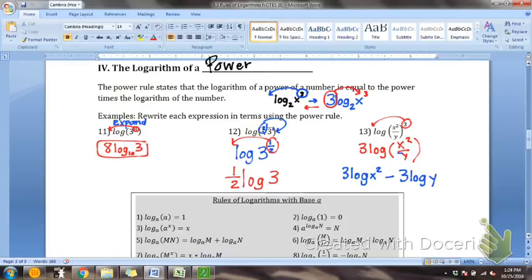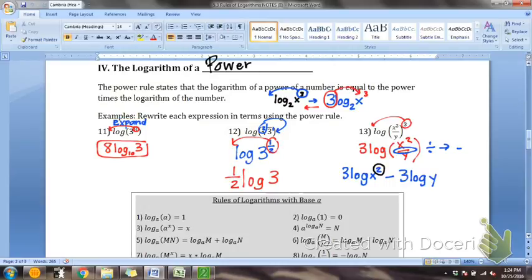Remember, I took this division problem. I changed it into subtraction. Does this look fully expanded to you? Is there anything we haven't dealt with? The exponent, right? We still have an exponent hanging around. This is not fully expanded unless you get rid of the exponent.